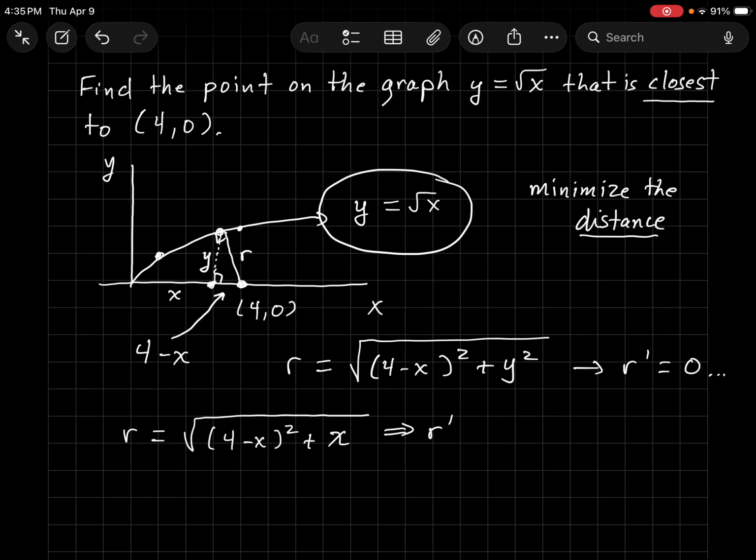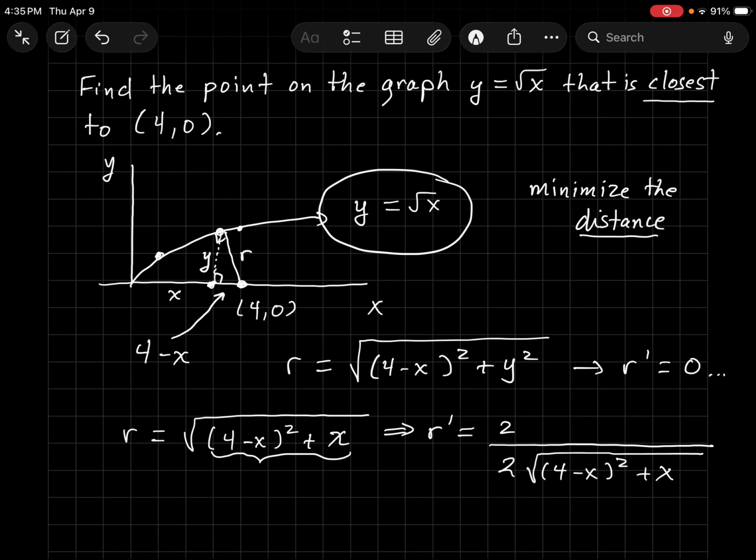So r prime, or dr/dx in this case, which is, okay, we have the derivative of the square root of something is 1 over 2 root that something times the derivative of the inside part. That has the derivative of this piece.